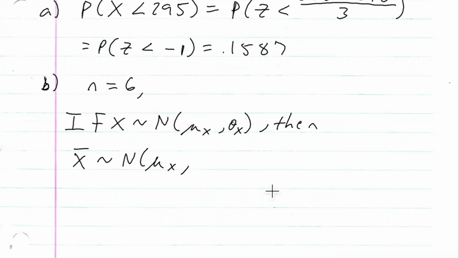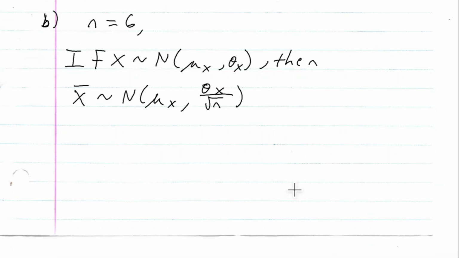And then X bar is normal with the same mean as X, and the standard deviation would be the standard deviation of X over the square root of N. Okay? So if X is normal, then X bar is going to be normal with the mean of X being the same, and we use the standard deviation of X to calculate this one. Okay? So let's go ahead and figure this out.